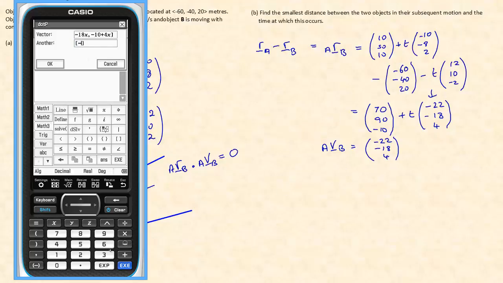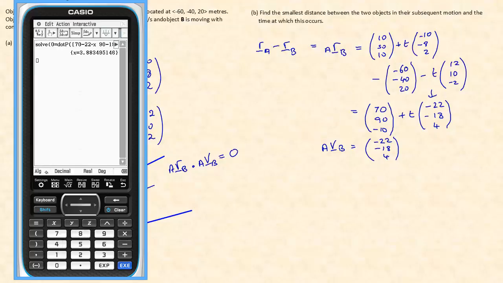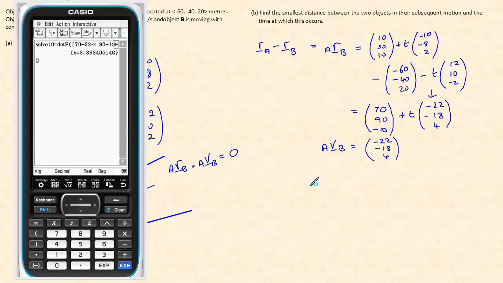And then here we have (-22, -18, 4). And that gives me 3.88 and so on. So what we've solved, remember, is ARB dot AVB is equal to 0, gives us that t is equal to 3.88 seconds, correct to 2 decimal places.